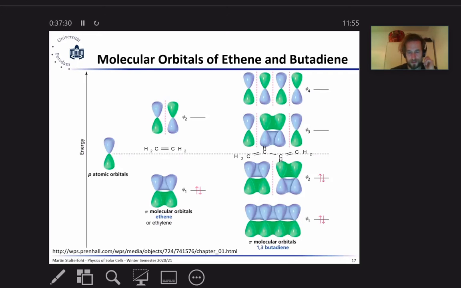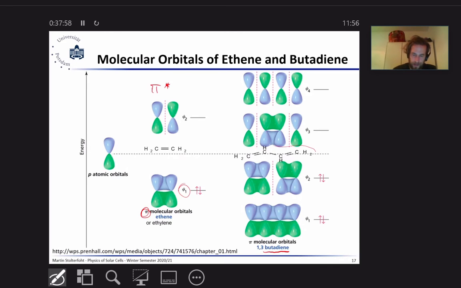So let's discuss higher lying states. So how do they look like? Again, in the ethylene case, we have just shown here that the pi molecular orbitals look like this, the pi and the pi star. So now a larger molecule, the butadiene, as shown here.